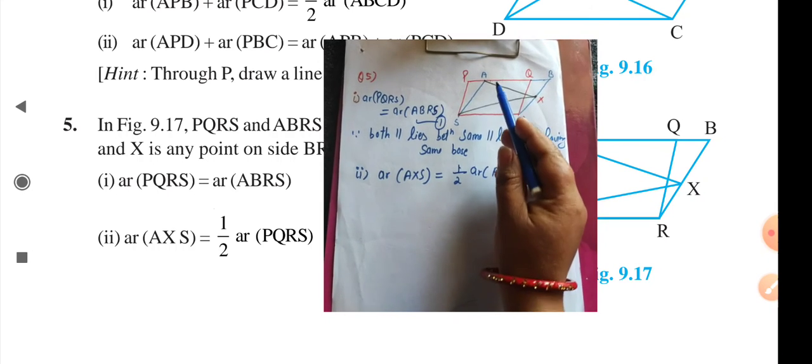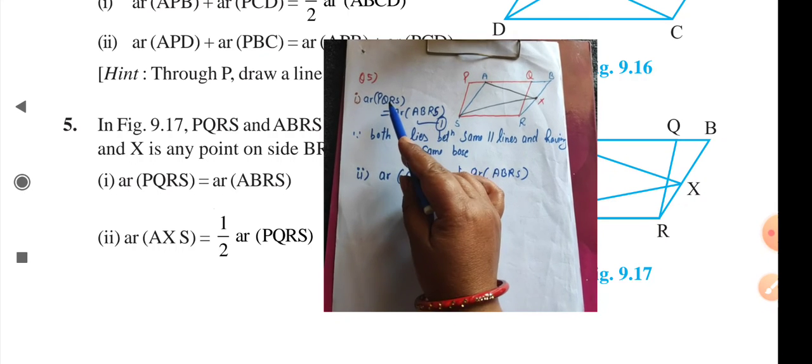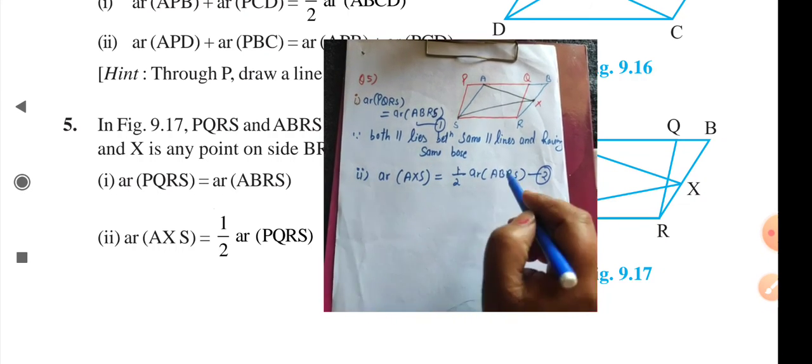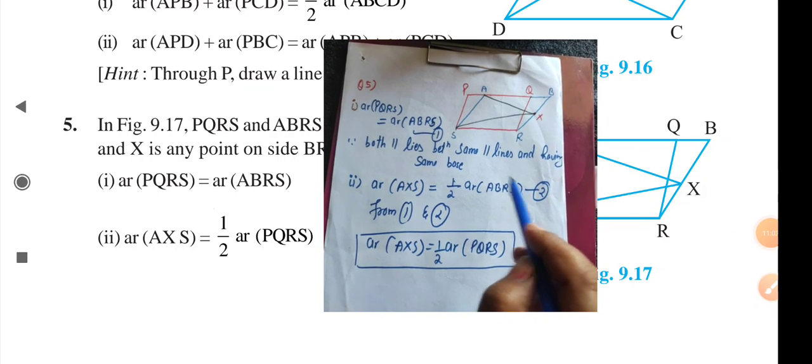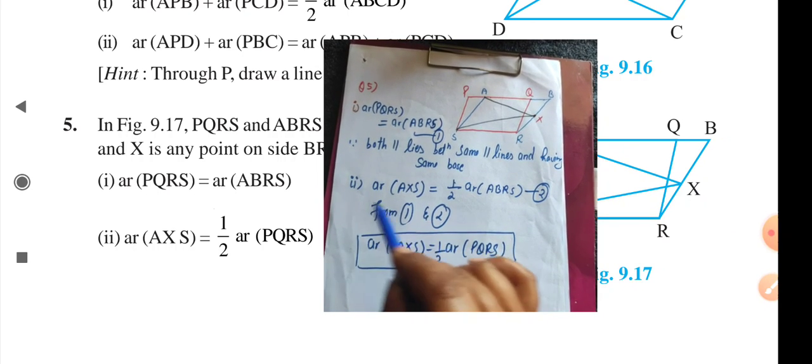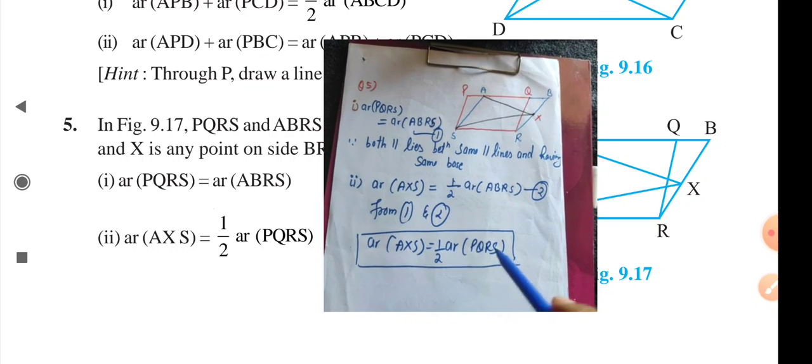Now, the area of ABRS is equal to area of PQRS, and you can write it as equation number 2. So from equation 1 and 2, you can say that the area of AXS is equal to half of area of PQRS. In the place of ABRS, we can write PQRS.